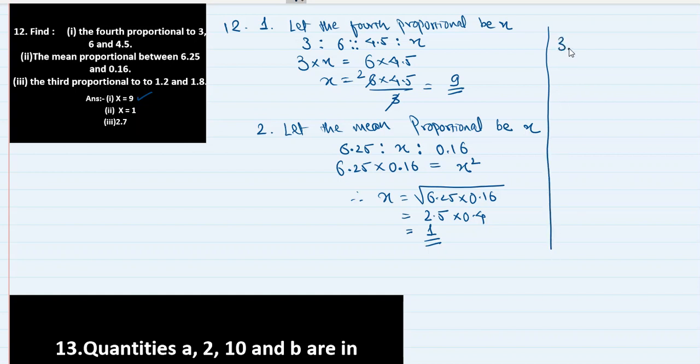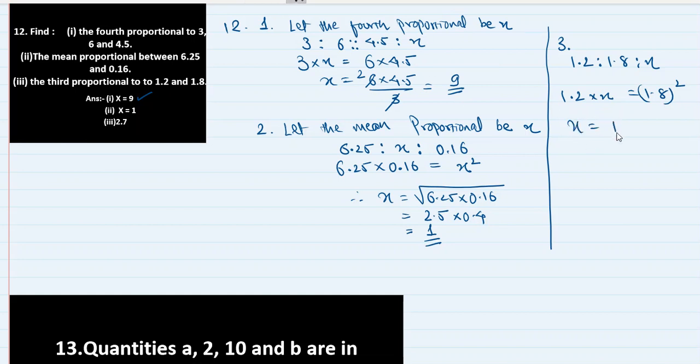The third question. The third proportional to 1.2 and 1.8. So 1.2 is to 1.8 as 1.8 is to x, so 1.2 into x is equal to 1.8 the whole square. Okay, let me take 1.2 to the other side.